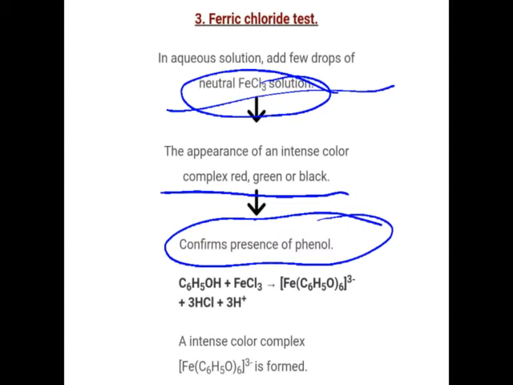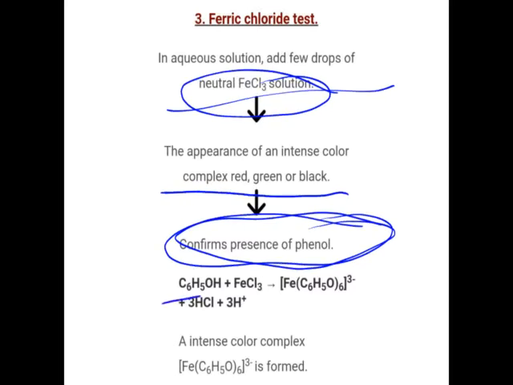So in this test, we take an aqueous solution of phenol and add the neutral ferric chloride solution. If it turns an intense red, green or black color, that means phenol is present.